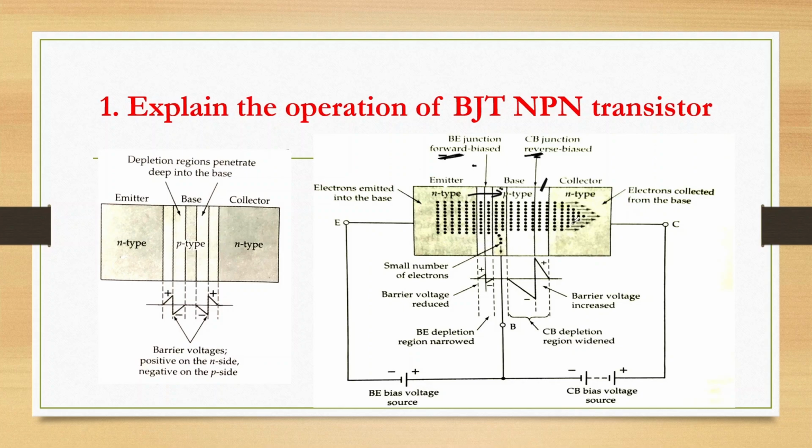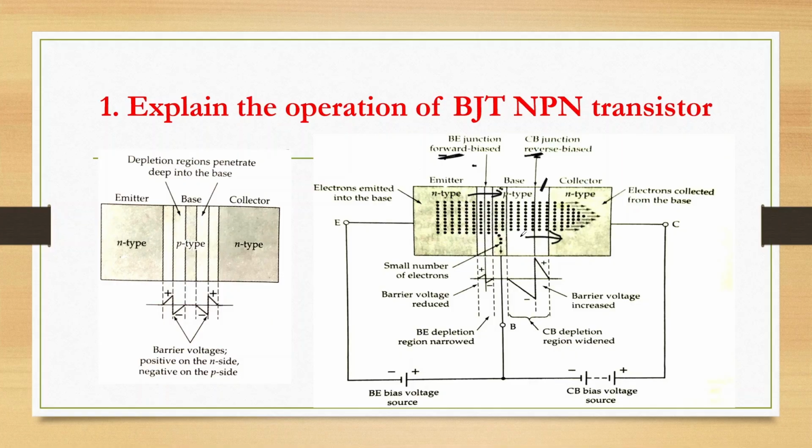Then the reverse bias at the collector base junction causes the depletion region to penetrate deeper into the base, and the electrons crossing from emitter to base arrive close to the larger barrier voltage at the CB depletion region.